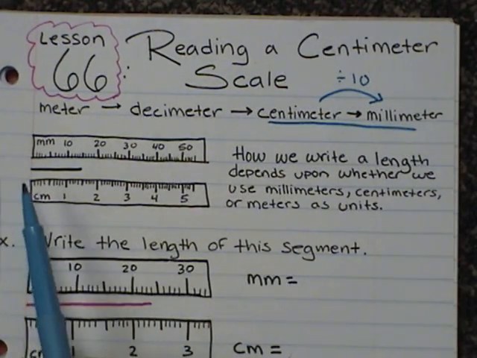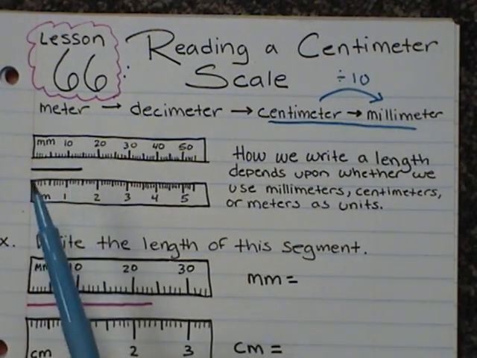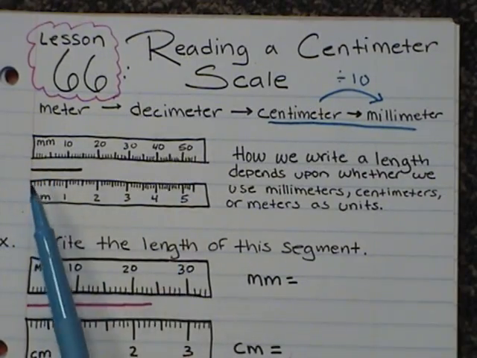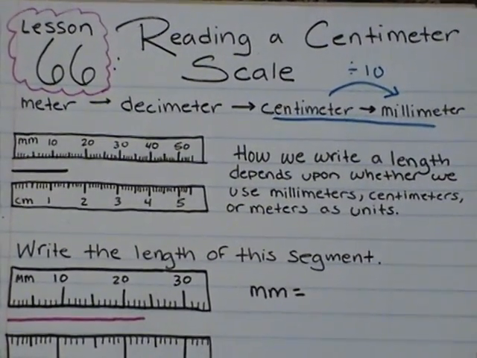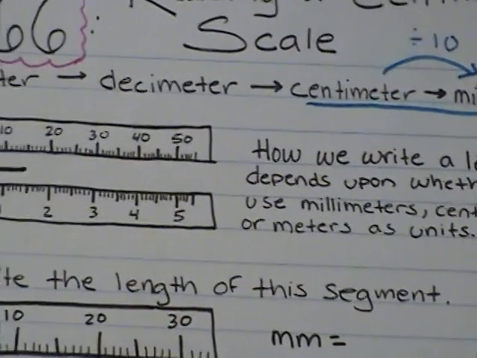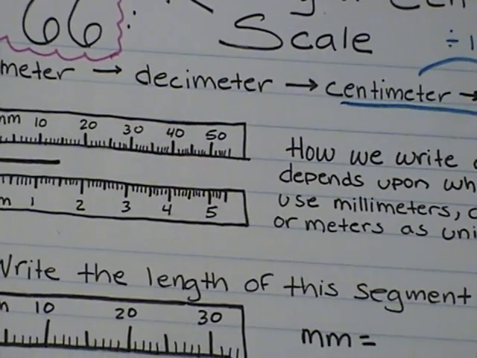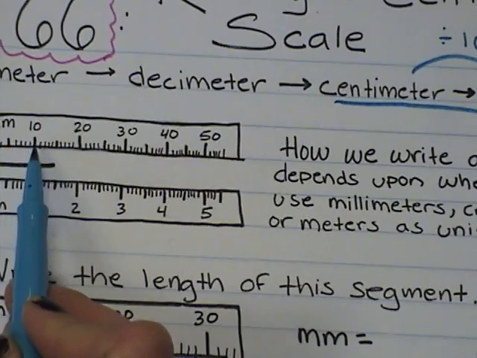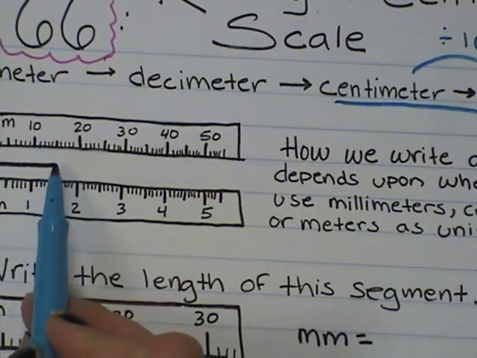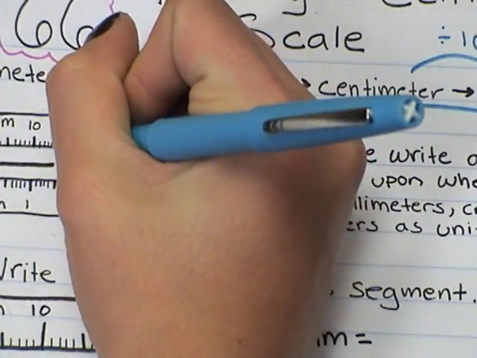So this is my length right here, and I'm going to measure it in not only millimeters but also centimeters. I know it is pretty small there, but if you are able to see, in my millimeters, I go over 5, 10, and I hit my 15 mark right here.